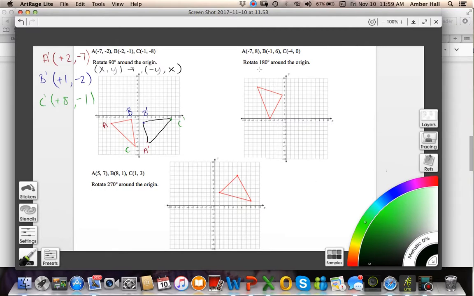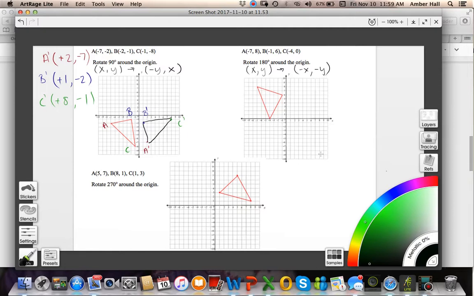If I have a rotation of 180 degrees counterclockwise, because even though they don't say it, we just assume counterclockwise in mathematics and graphing, then (x, y), if we look at our rule, turns into (-x, -y).